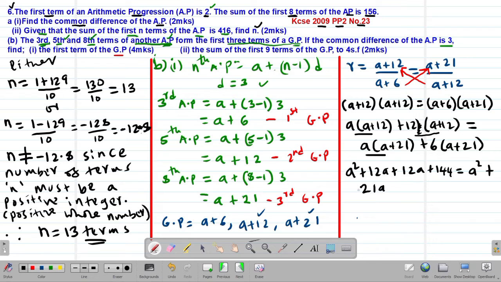Then of course, I'm going to add 6 by A, I'll get 6A. Then 6 multiplied by 21, I'm going to get positive 126.